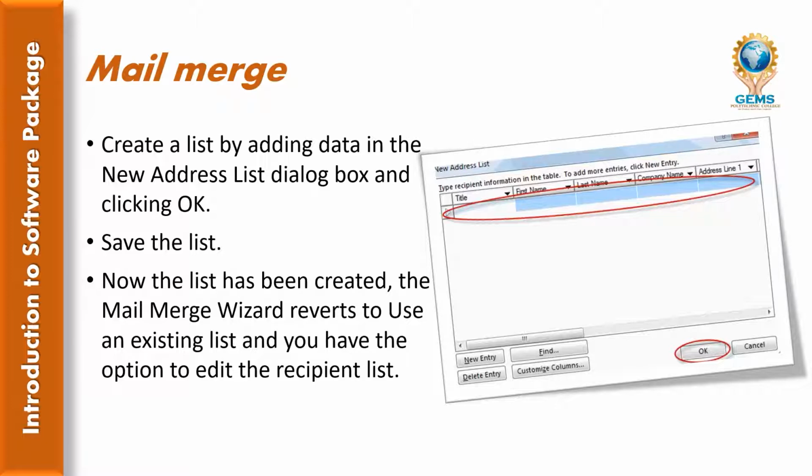And you have to save the list onto the computer. Now the list has been created. The mail merge wizard reverts to use an existing list and you have the option to edit the recipient list.